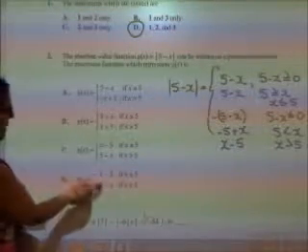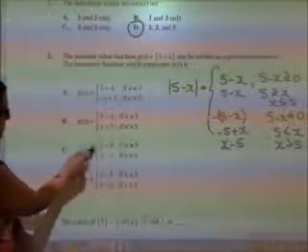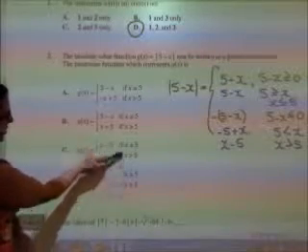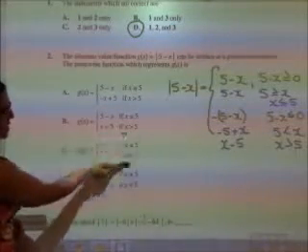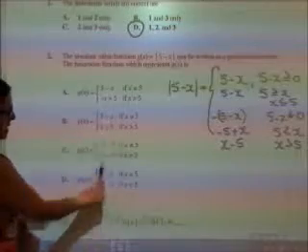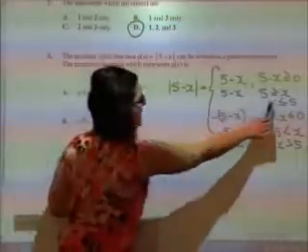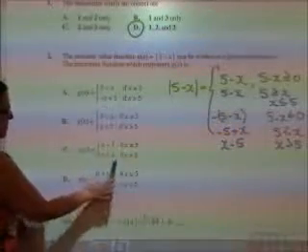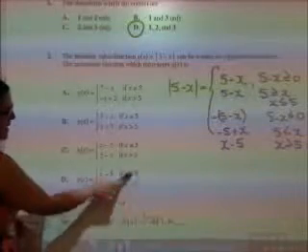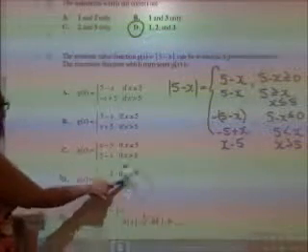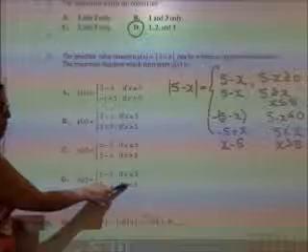So there's x minus 5 and 5 minus x. The difference between them is looking at the inequalities, right? In this 5 minus x, x has to be less than 5, not greater than 5. And the greater than or equal to can be with either one. It just can't be with both.